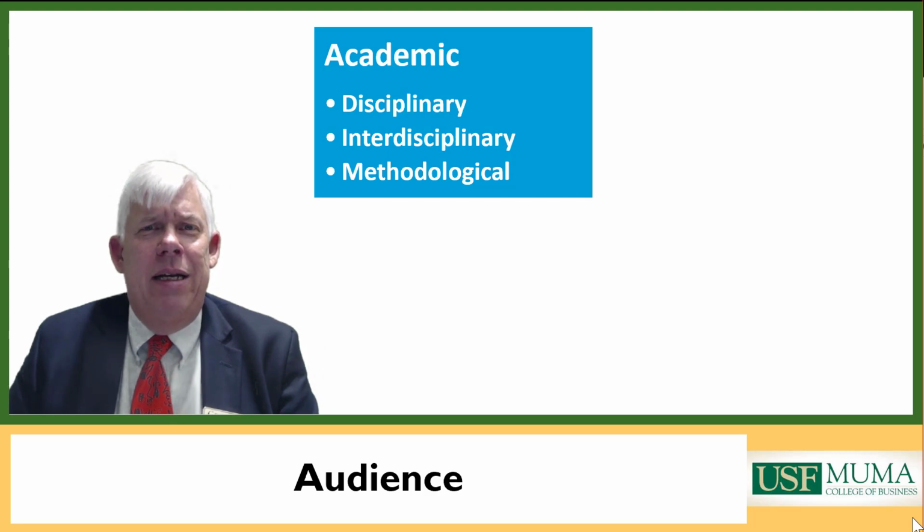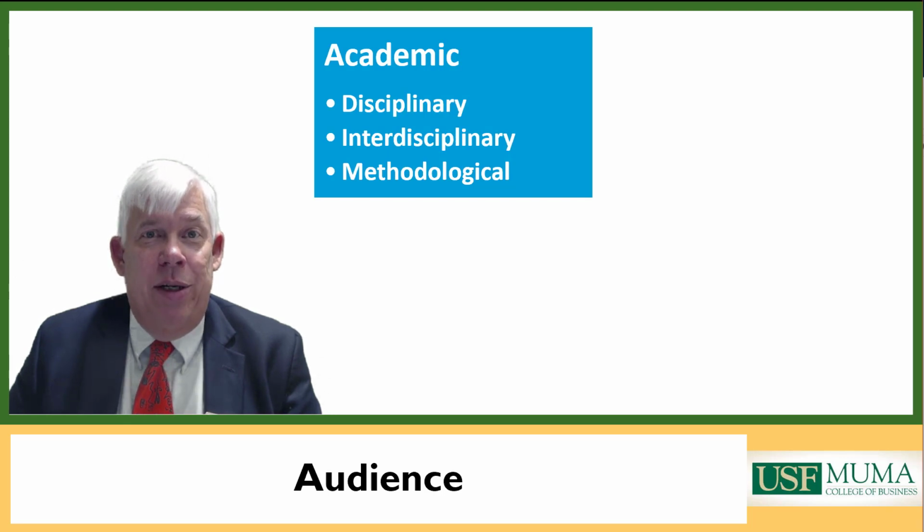And you could be dealing with methodological researchers, because a lot of times when you publish a paper, one of the things that is going to be of greatest interest to the reader is the methodology you use to conduct your research. But all of these tend to fall into the academic community.